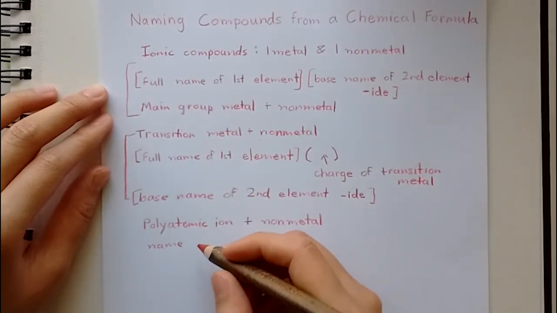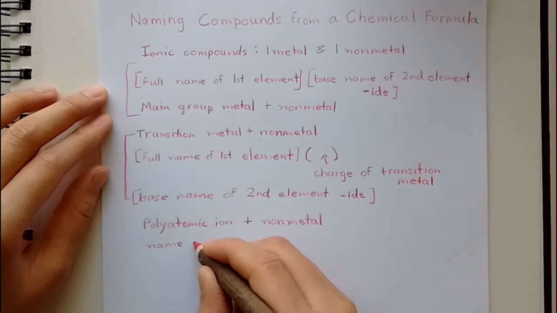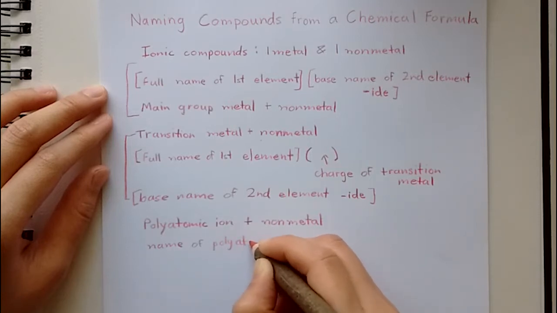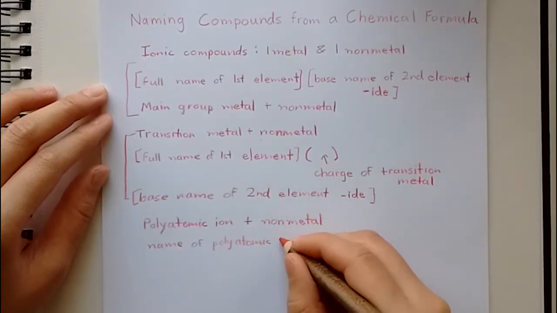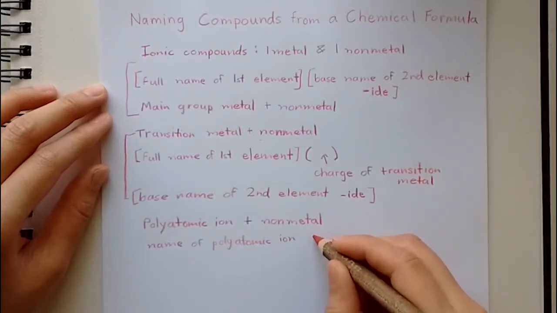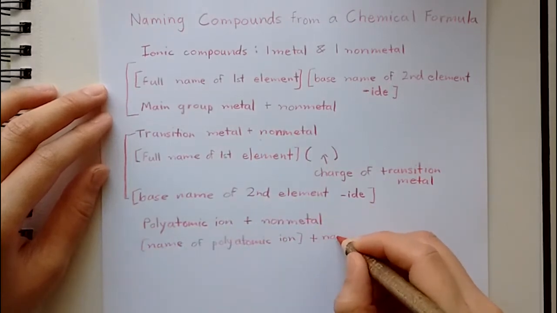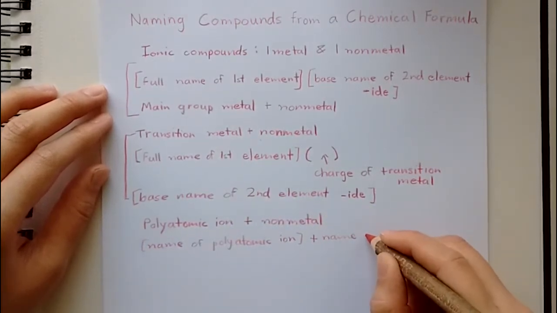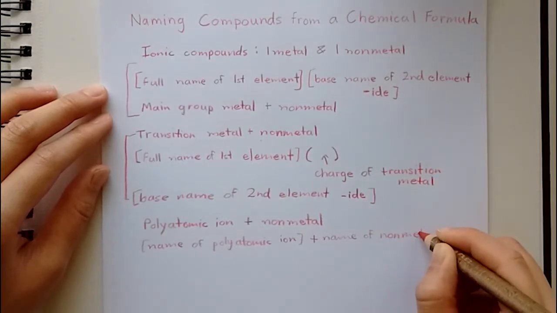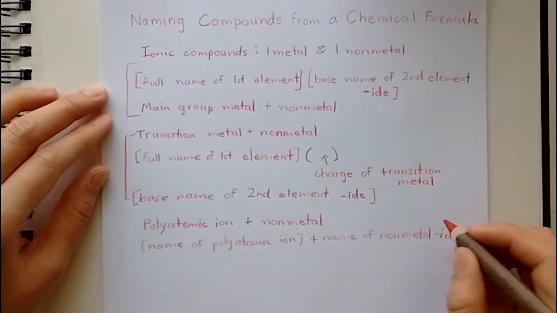So that will just be the complete name of the polyatomic ion. And then you have the name of the nonmetal, with the ending "-ide" here.